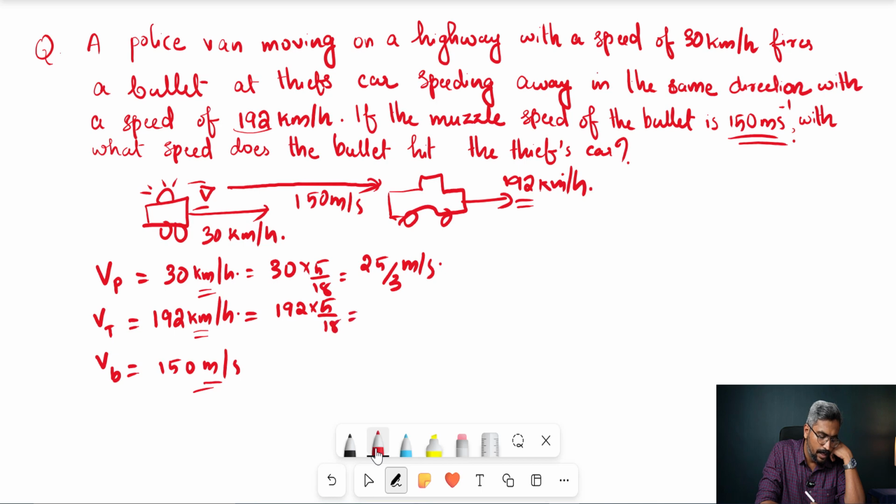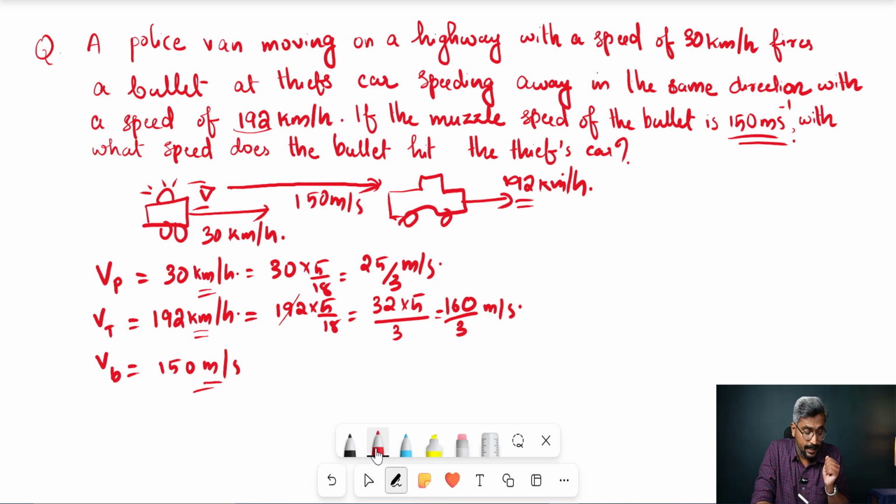Here also you can divide by 6, so 3 and 32. 32 into 5 by 3 is 160 by 3 meters per second. And the last one is 150 meters per second.